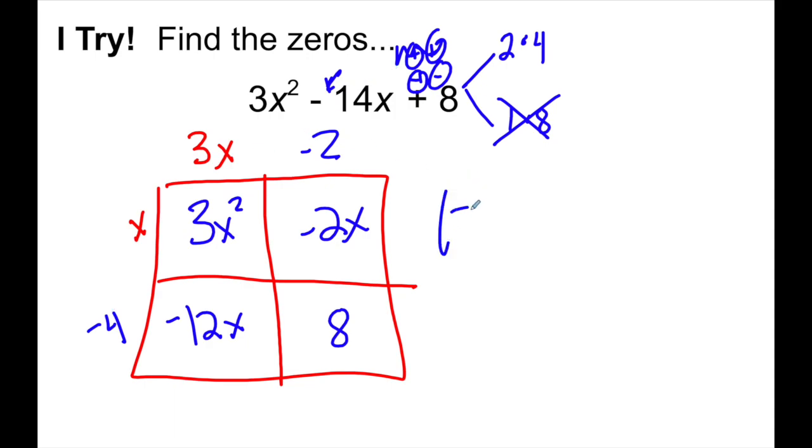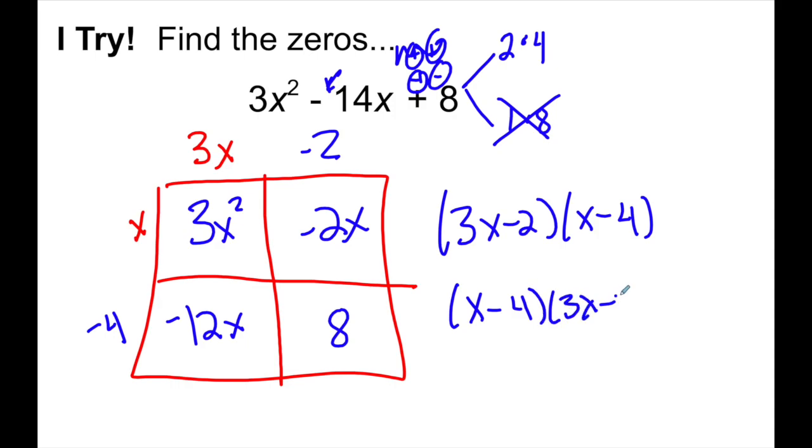So what we'll get here is 3x minus 2 times x minus 4. I like to do the one with a number bigger than 1 first. If you had this flipped around, that is, if you wrote it like this, these are both equivalent, and you would get 100% credit no matter how you organize them, because they're equivalent.